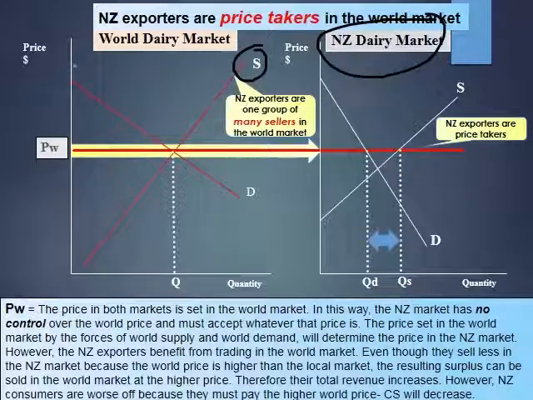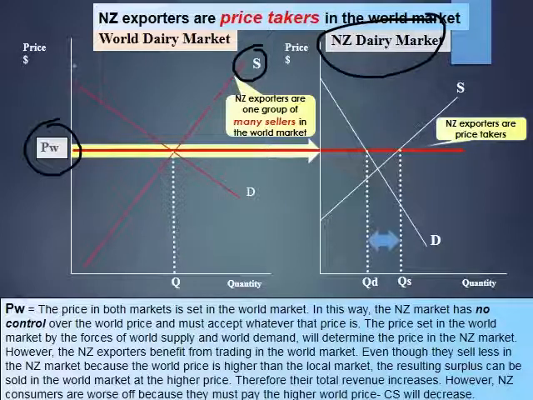The New Zealand market has to take that world price, and so it comes in, as you can see in this example, above the New Zealand domestic price. Now, this concept is important, of sellers being price takers, because we're going to take it into the next topic as well.